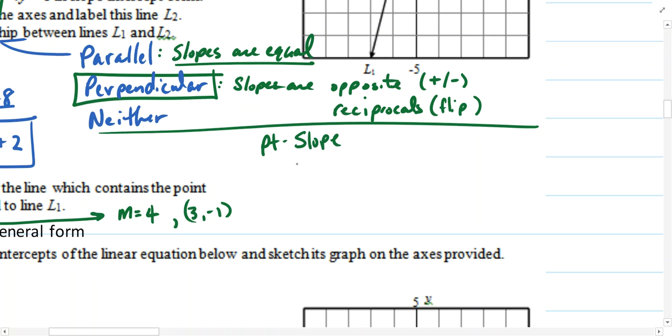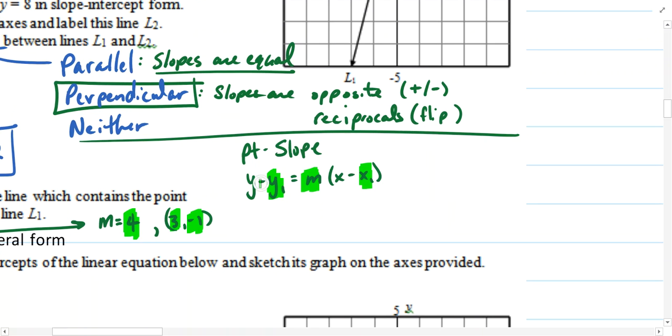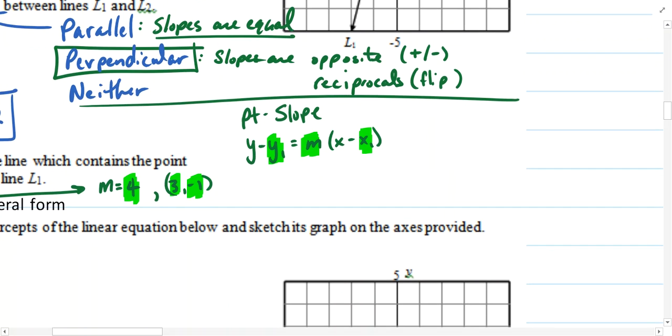And the point-slope formula was y minus y1 equals m times x minus x1, where x1 and y1 are two values from the coordinate x1, y1. M is also a value. That happens to be the slope of the line. And the letters y and x remain as letters themselves. We need that to generate the equation of the line.